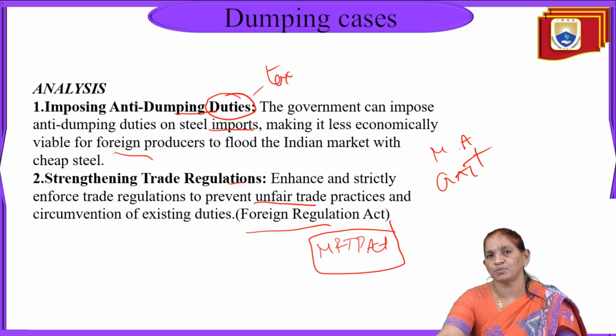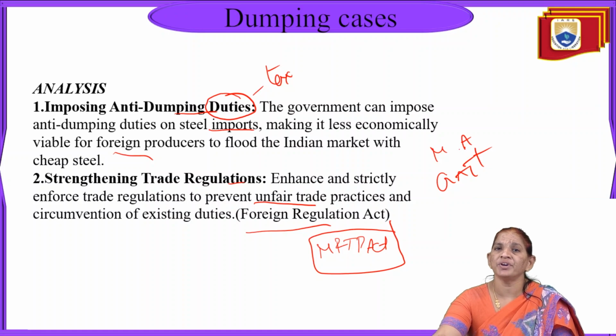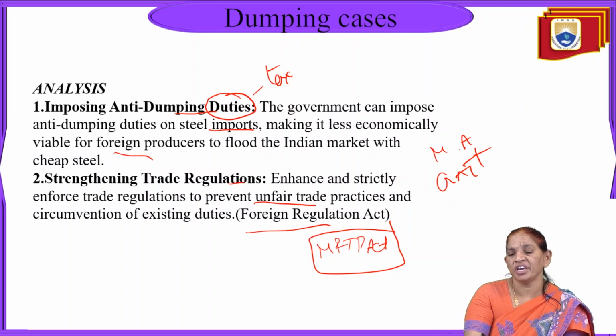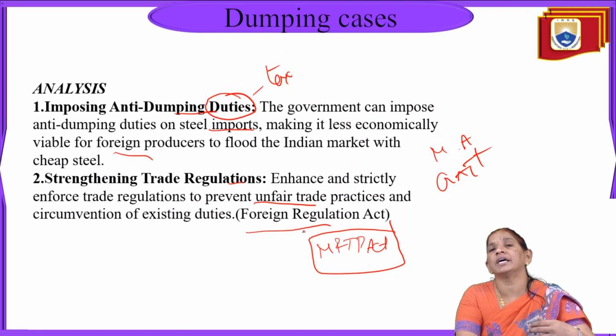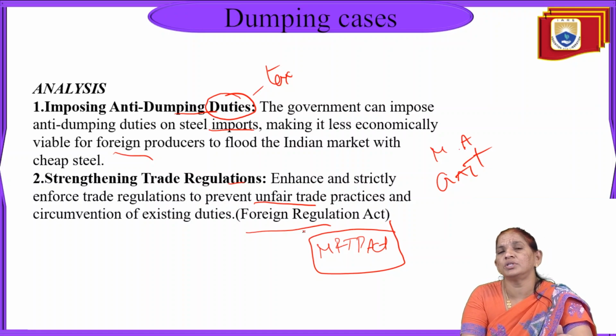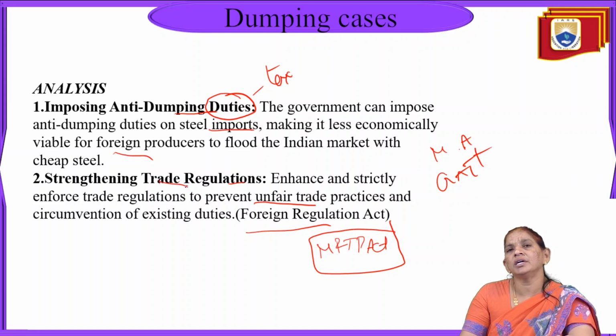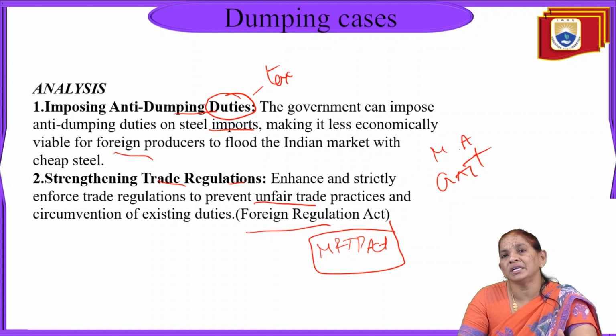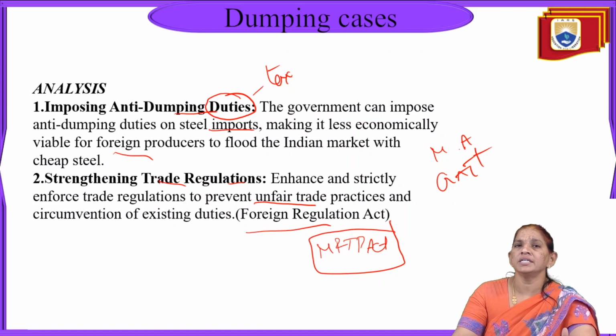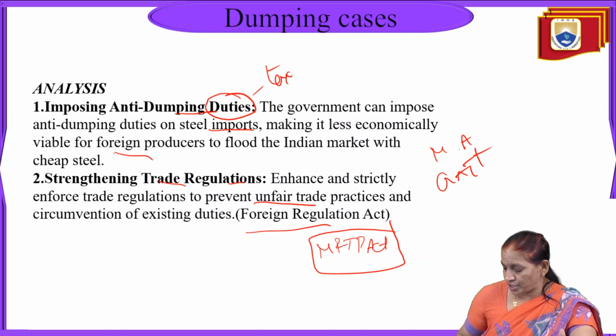The monopoly restrictive trade practices law was converted into this Act, which has some rules and regulations, and we should modify and strengthen them so as not to dump excess goods that are not required within the country. So trade regulation must be tightened, and we have to follow the international principles in the Foreign Regulation Act while going for these anti-dumping activities.